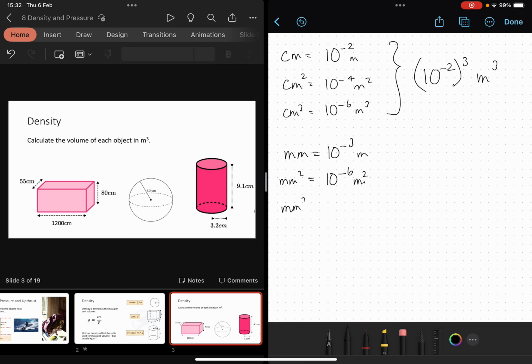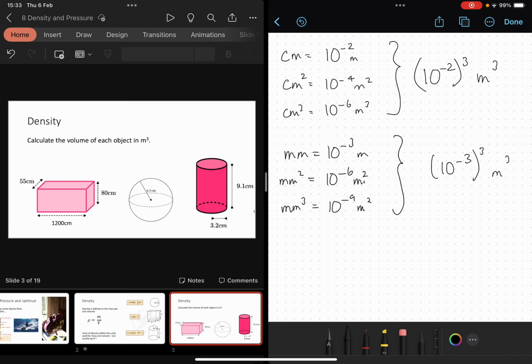And a millimetre cubed is 10 to the minus 9 metres cubed. So in other words, to go from millimetres cubed, it's 10 to the minus 3, cubed, metres cubed. And I've just noticed I need to correct that final expression, so it says metres cubed.